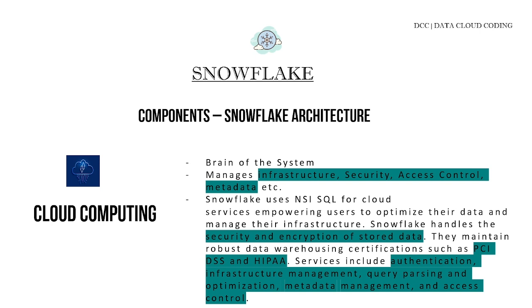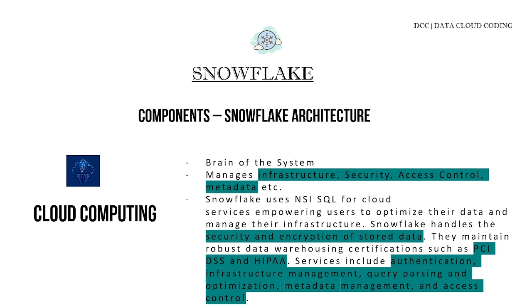So don't be afraid of these individual terminologies. We will be publishing tutorials on these terminologies in the future. But for now, just keep in mind that anything from authentication, infrastructure, query optimization, and access control is handled by the cloud services layer of the Snowflake architecture.